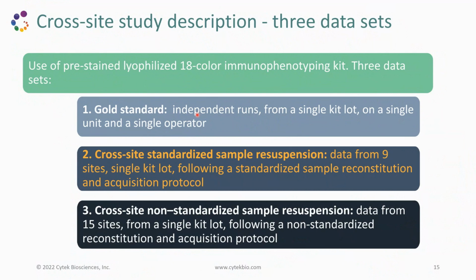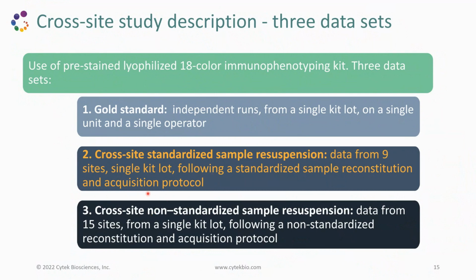Then the very interesting data set for us is what happened when you control the sample as best as you can. It's a lyophilized sample, and we are very careful on how we resuspend and acquire that sample. We're going to see data from 9 different sites with that same kit following a very strict protocol for acquisition.